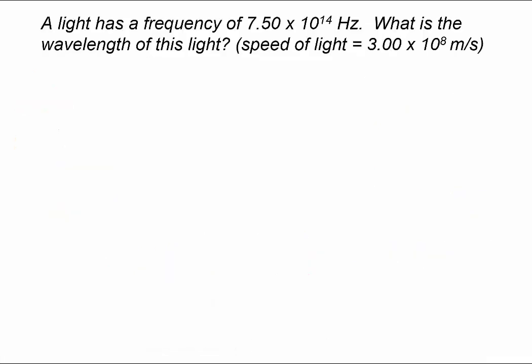Let us now take a look at a calculation on the relationship between the frequency and the wavelength of light. A light has a frequency of 7.50 times 10 to the power 14 Hertz. Nu, which represents the frequency, is given as 7.50 times 10 to the power 14 Hertz.